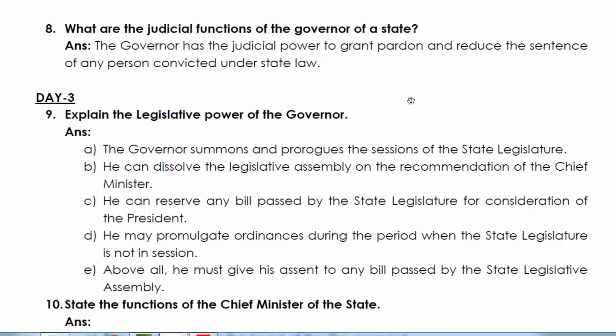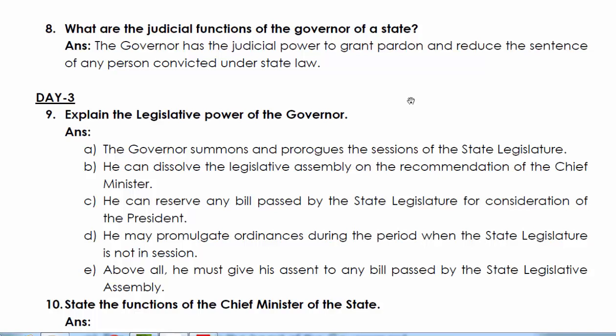He can reserve any bill passed by the state legislature for consideration of the president. I think it should be by the president, most probably. Okay, so any bill that is passed by the state legislature is supposed to be approved by the president through the governor. But the governor has the power to reserve that bill without sending it to the president of India.